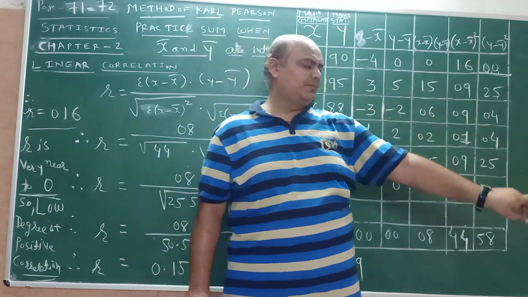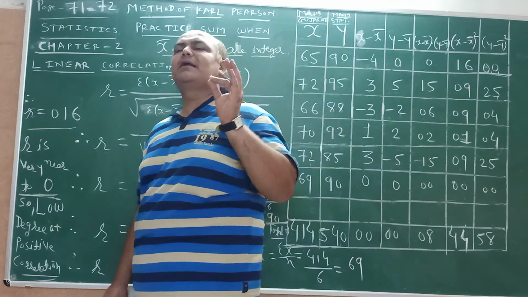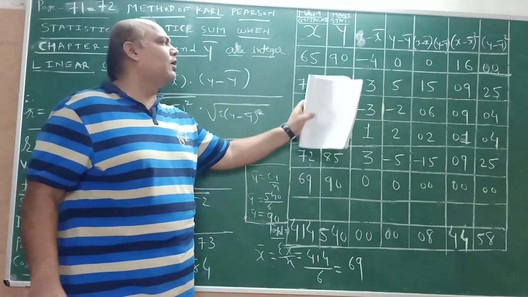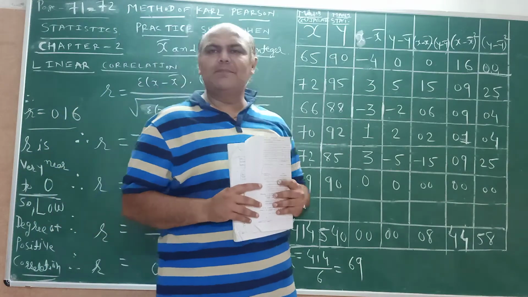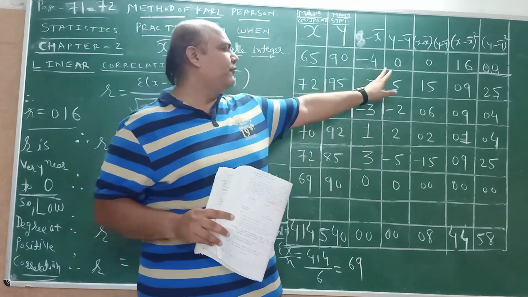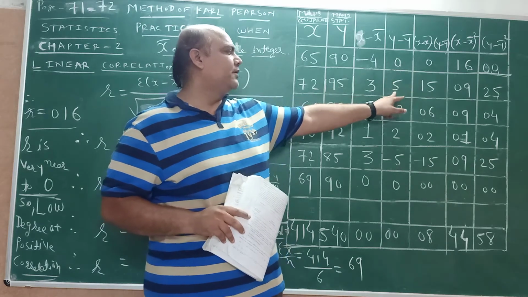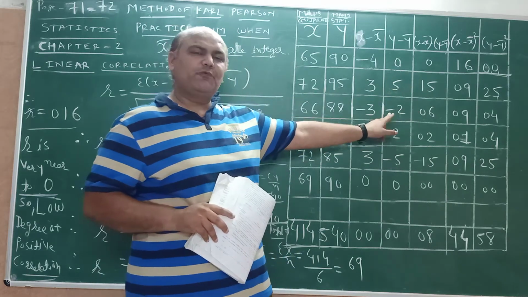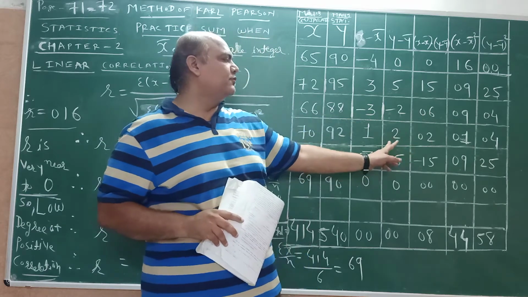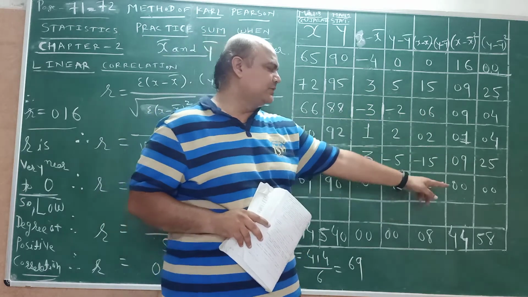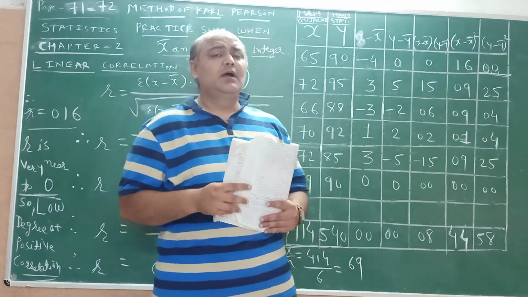Last additional column is y minus y bar square. In this column we have to do the square of the column of y minus y bar. So the square of 0 is 0, square of 5, 25, square of minus 2, 4, square of 2, 4, square of minus 5, 25, square of 0 is 0.